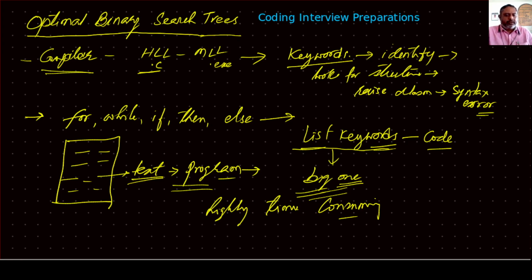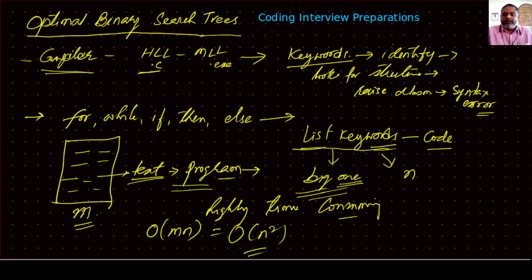That means there may be m words in this, and there can be n keywords here. So for every word here, a keyword has to be verified. So it's something of the order of mn, which we can say is order of, say, n square.